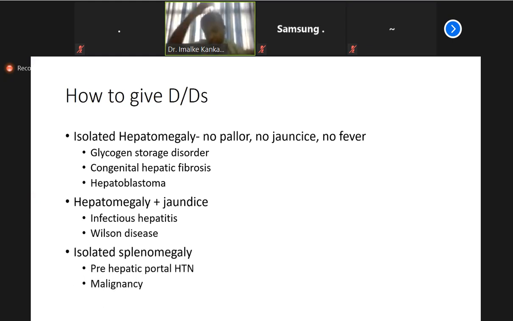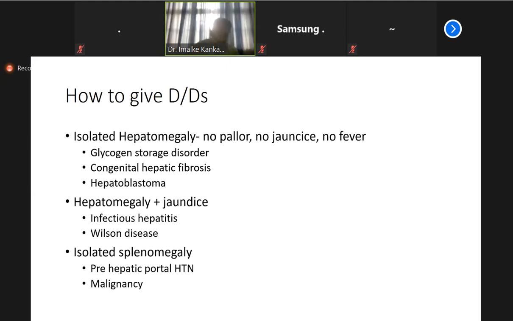Then isolated splenomegaly. Isolated splenomegaly without hepatomegaly is, unless proven otherwise, portal hypertension. That's very common. Now, when you come to exam, you tend to give diagnoses which are there in your textbooks.